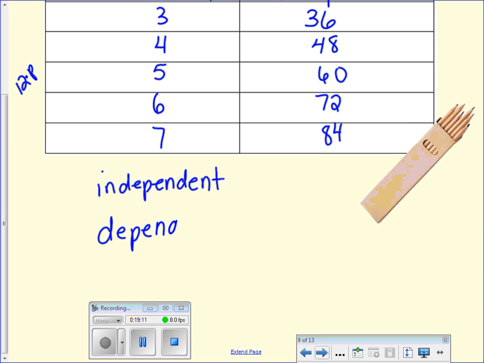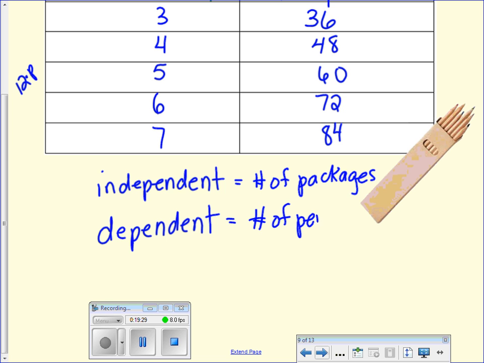Dependent. Sorry. So which is which? Right. Exactly.